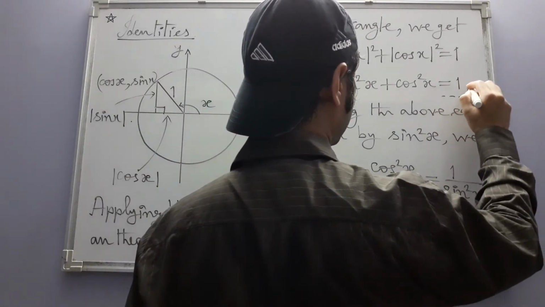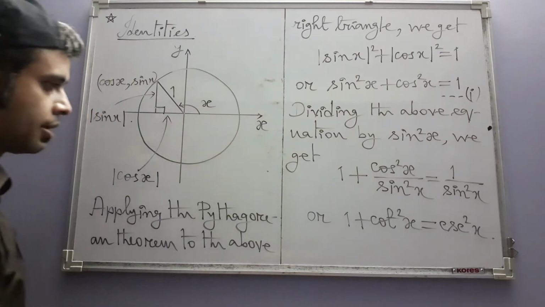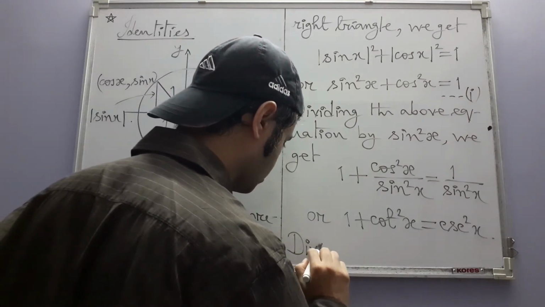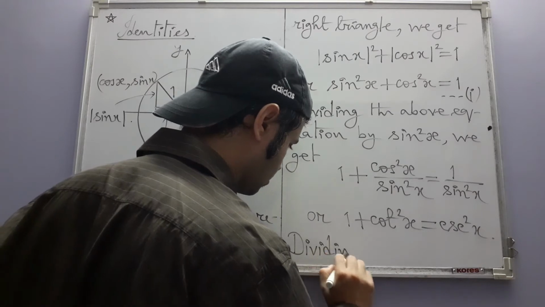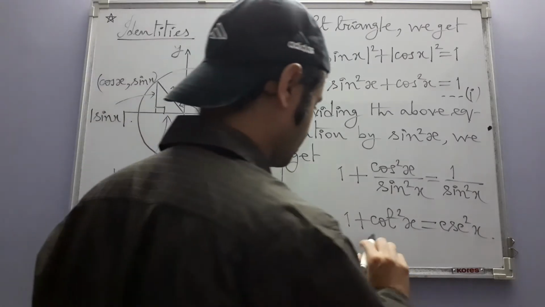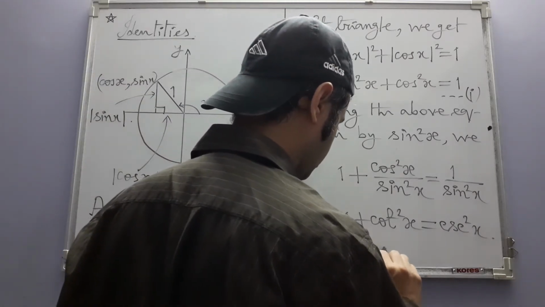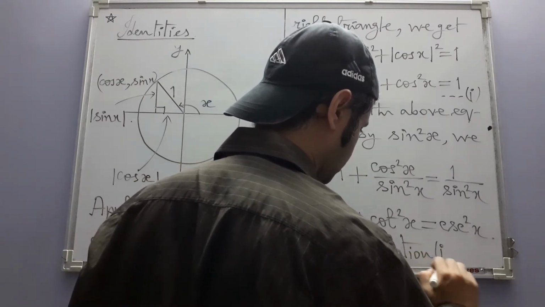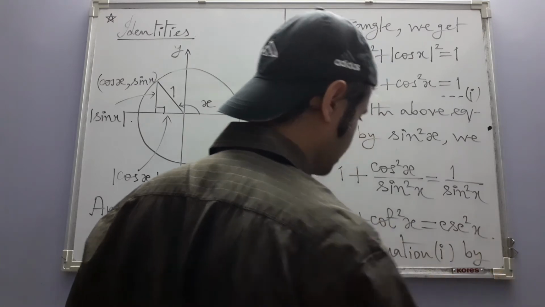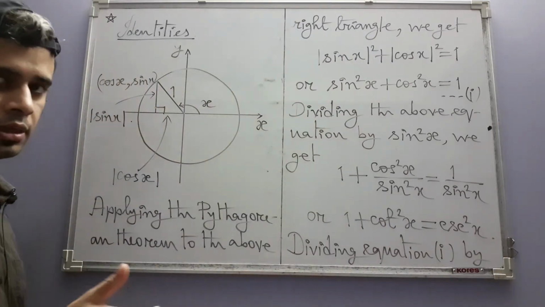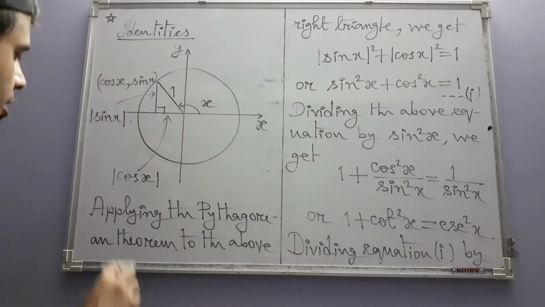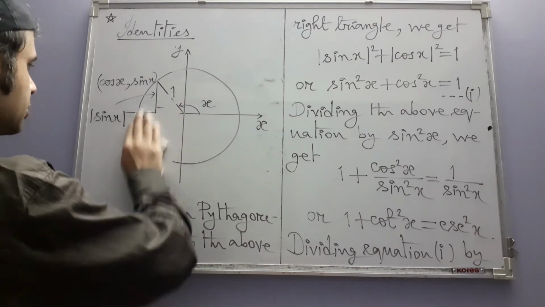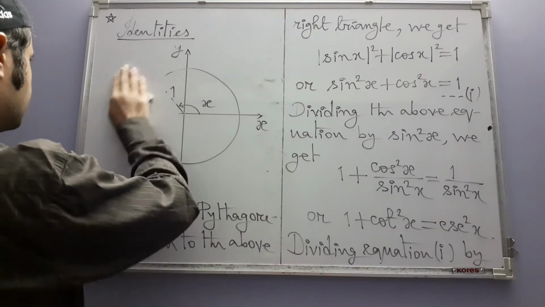Because we are again going to need it, let me just number it. Dividing equation 1 this time by cos squared x, we get the other relation relating the secant function and the tangent function.